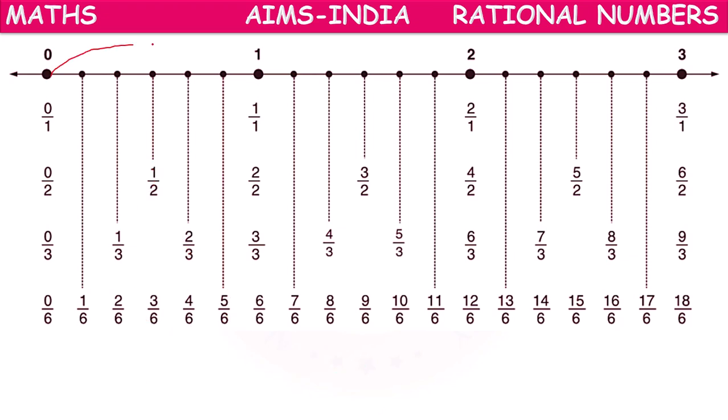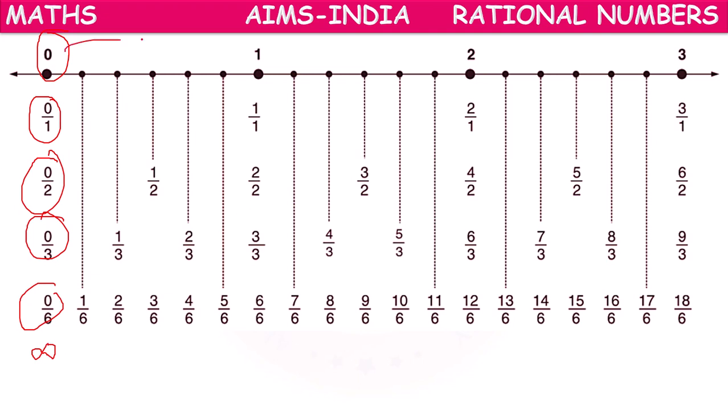Between 0 and 1, or 1 itself, we can write 1 by 1, 2 by 2, 3 by 3, 6 by 6, like that. It means each rational number can be written as infinitely many equivalent rational numbers. That is one point. Another is that between two rational numbers, we can insert infinitely many rational numbers.